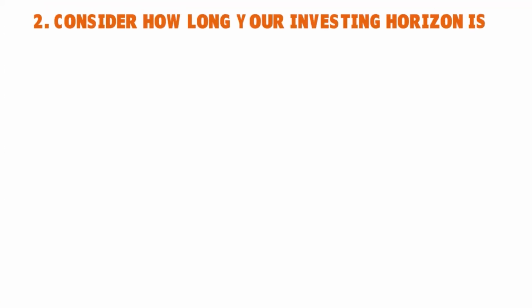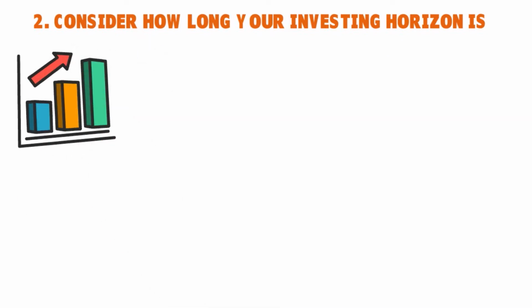Second, consider how long your investing horizon is. Going back to what I said earlier, traditionally, longer term bonds produce higher yields, but also have higher interest rate risk. Interest rate risk is the risk that the value of a bond will fall if interest rates rise. Therefore, your time frame may be one factor in determining the amount of interest rate risk you are willing to take on.